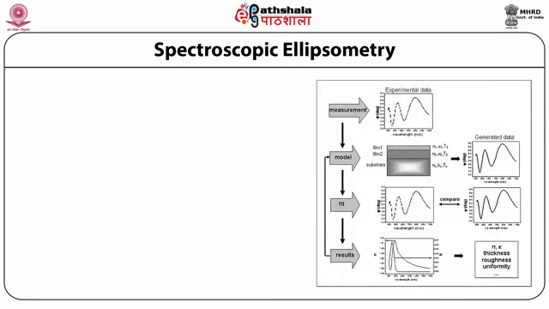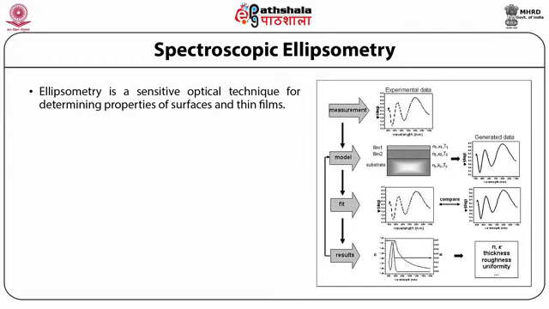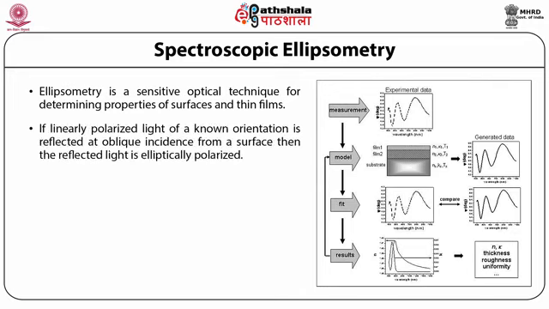So this figure shows the basic idea of the ellipsometry technique. Ellipsometry is a sensitive optical technique, as we have discussed before, for determining the properties of surfaces and thin films. If linearly polarized light of a known orientation is reflected at oblique incidence from a surface, then the reflected light is elliptically polarized.